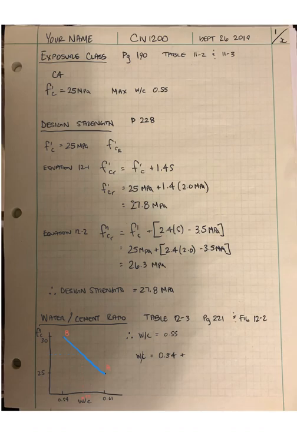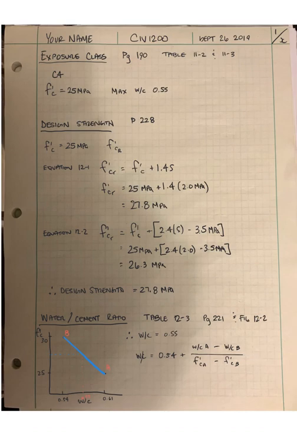So we would need to find the water to cement ratio of A subtracted by the water to cement ratio of B, okay, all over our f'c at A minus our f'c at B. Okay, so this gives us the slope of that line, right?